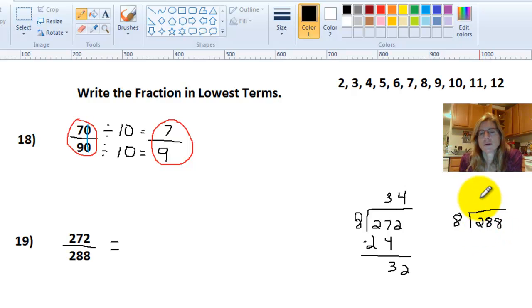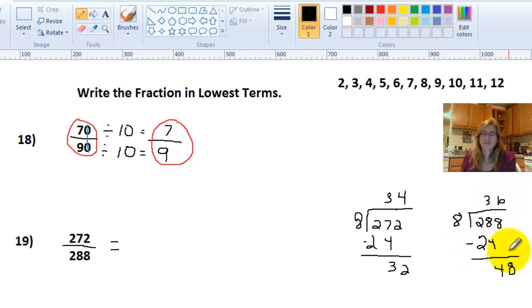I don't think that's going to work, because you have 4 times 8 is 32, 3 times 8 is 24. Oh, you never know. Oh, it works. Okay, 48. Subtract, 6 times 8 is 48. So, we can start with this common factor between the two.